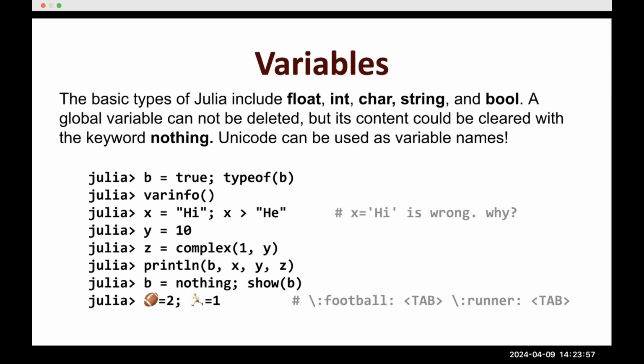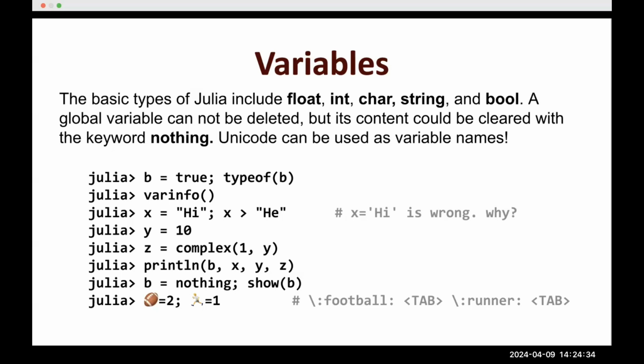Global variables cannot be deleted, but you can clean up the content of the global variable with the keyword nothing. And Unicode can also be used as variable names. Here I have several examples. The varinfo function, the second line in this code section, shows you some information about variables you already defined previously in the particular session you're currently working on.